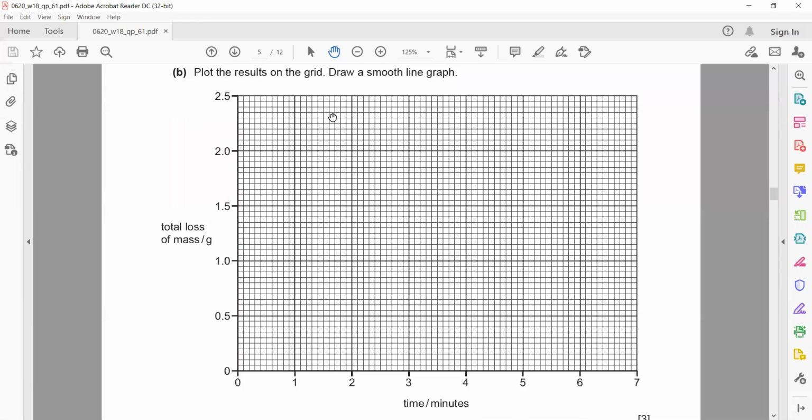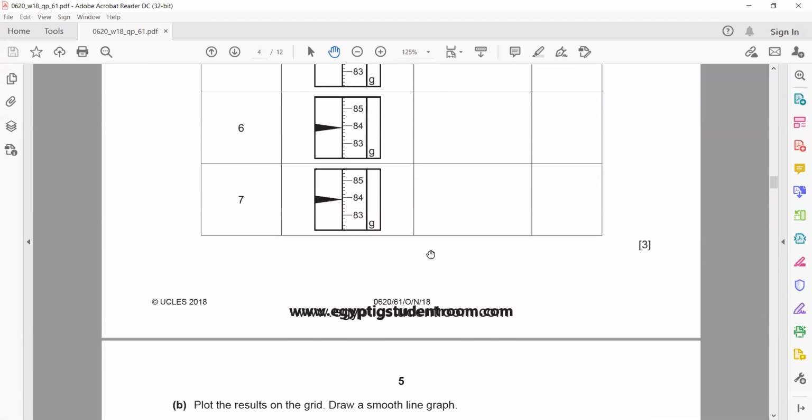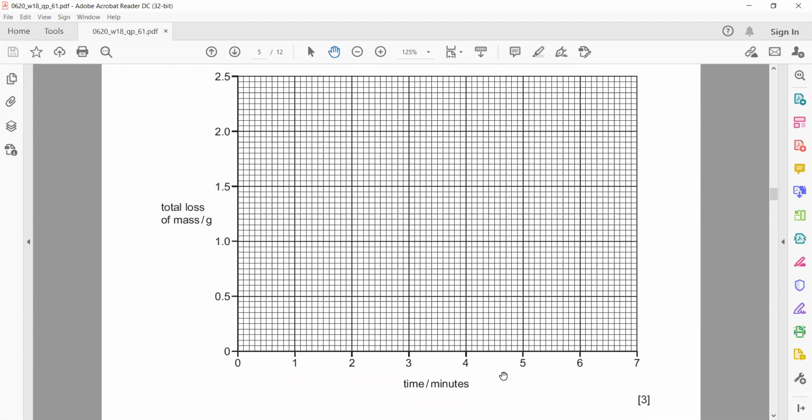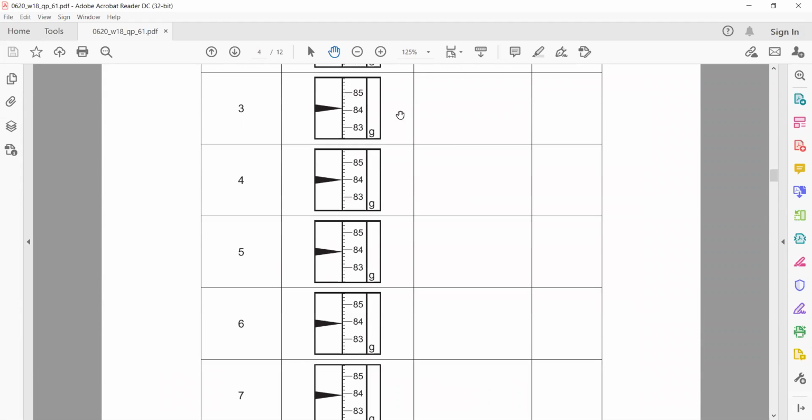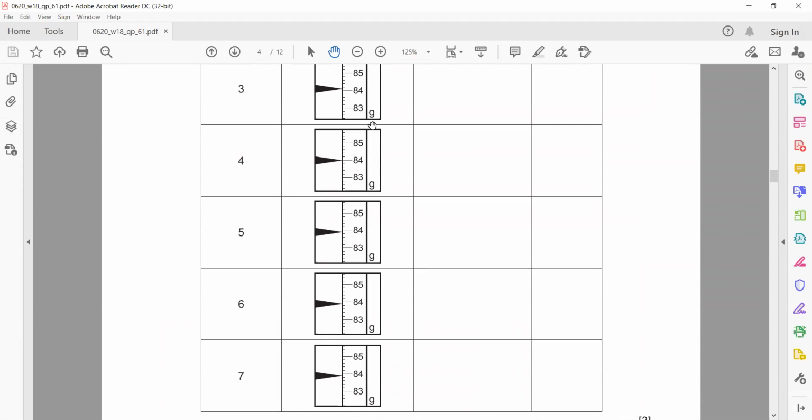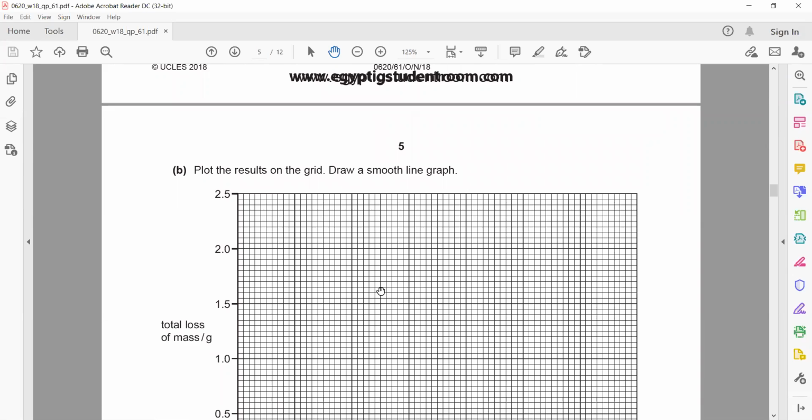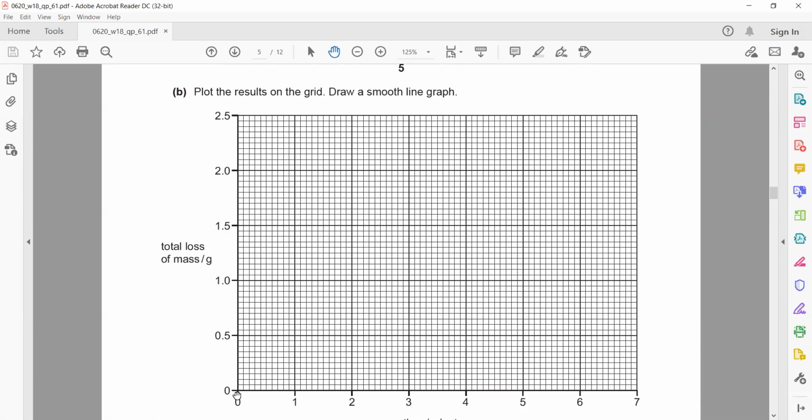Plot the results on a grid and draw a smooth line graph. So in the beginning, this is the time for 7 minutes. That's the time interval there. You have the values. The first minute, 0 minute, there was no mass loss. Then that was 1.